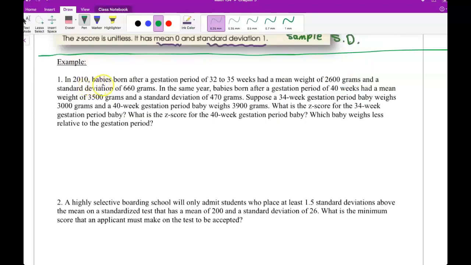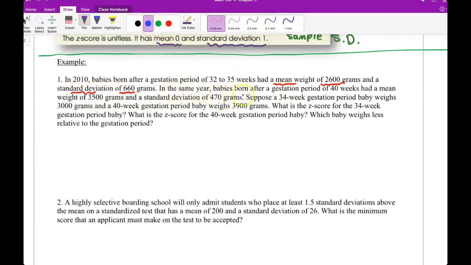In 2010, babies born after a gestation period of 32 to 35 weeks had a mean weight of 2,600 and a standard deviation of 660.